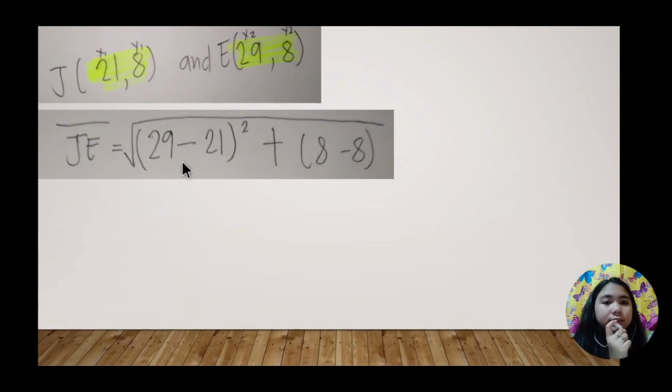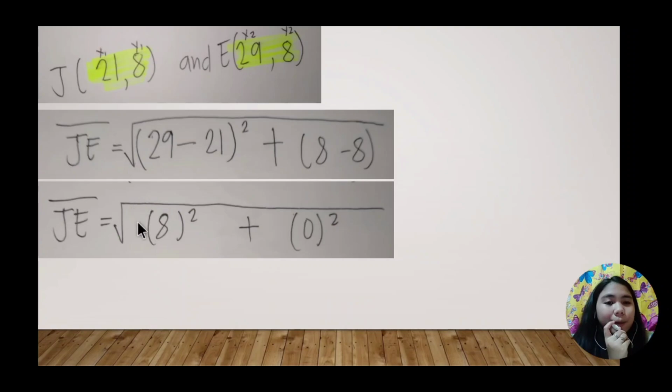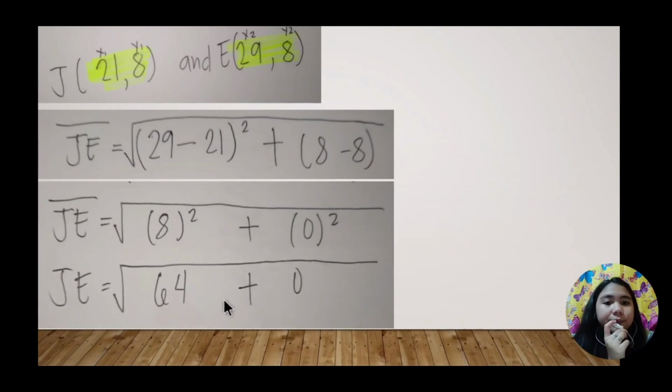29 minus 21 is equal to positive 8, and 8 minus 8 is 0. So, 8 times 8, because raised to the power of 2 means multiplied by itself, is 64.